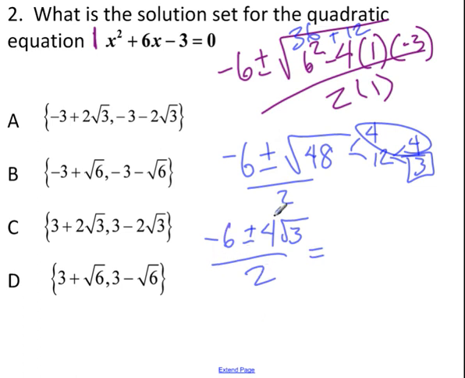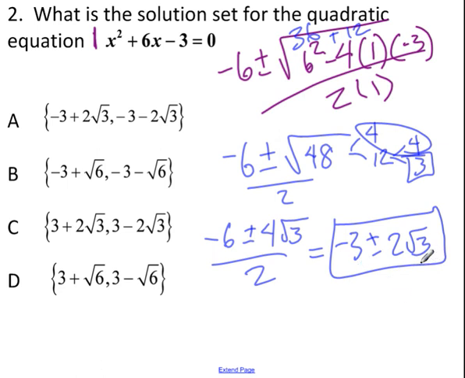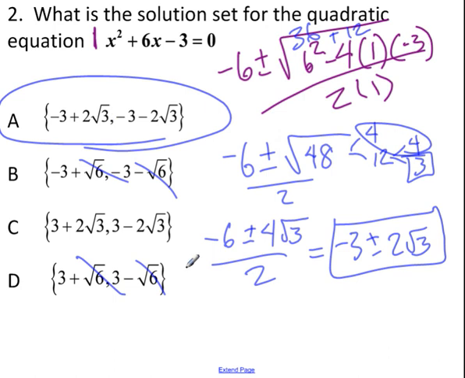So I'm going to cut my 6 and my 4 in half to get my negative 3 plus or minus 2 square roots of 3. Now when we work this out and we get this type of answer, when we go over here, we want to make sure that we find the right thing. As soon as I see these square roots of 6, I know that we broke down past that. It's not that. Do I have positive 3 or negative 3 in front? Well, I've got my negative 3, so I know it's going to be A.